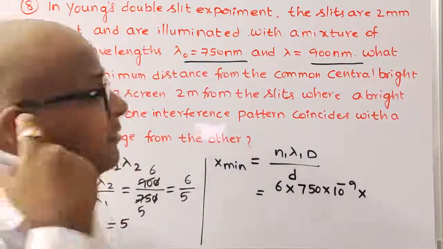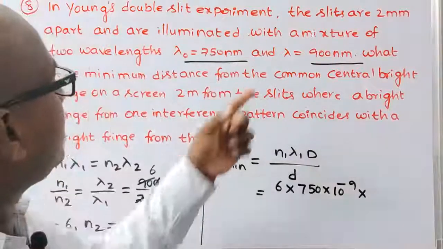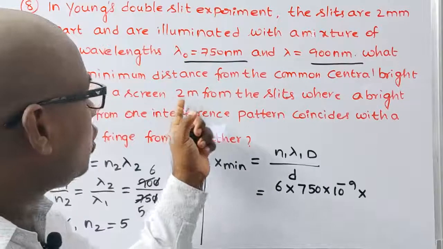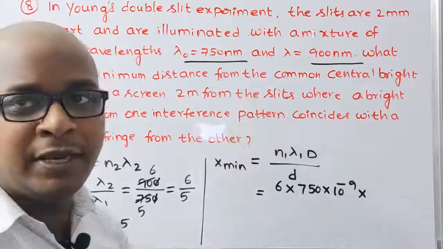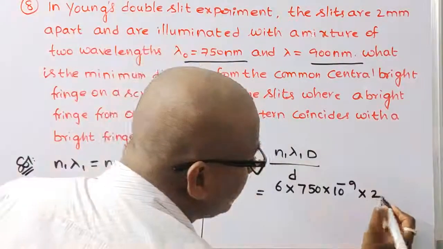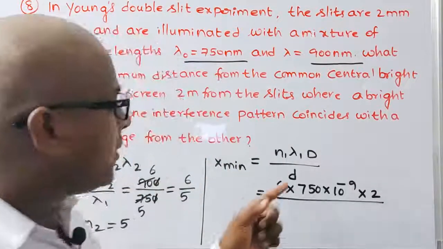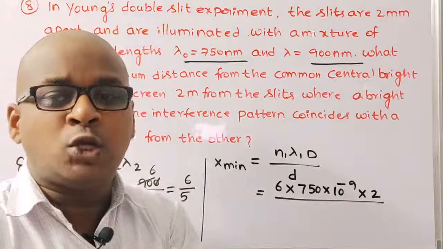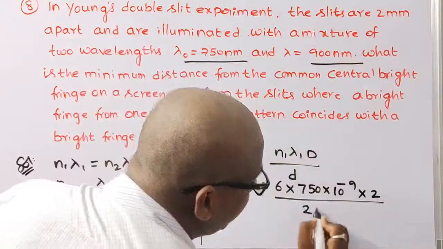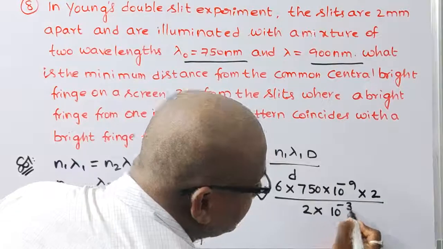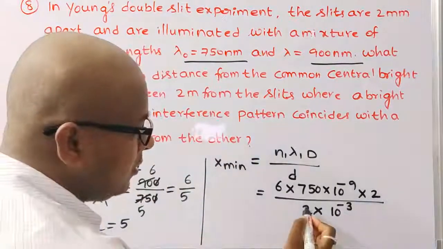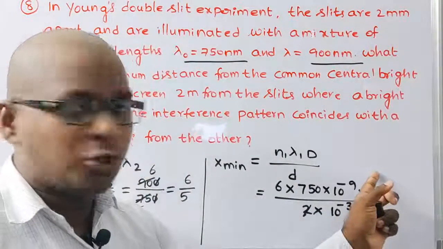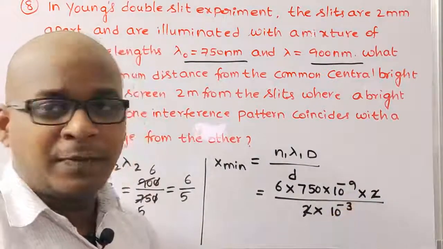The distance of the screen from the slits is 2 meter, divided by small d, the distance between the two slits, which is 2 millimeter, 2 into 10 power minus 3. The 2 cancels, and 10 power minus 3 comes to the numerator as 10 power plus 3.